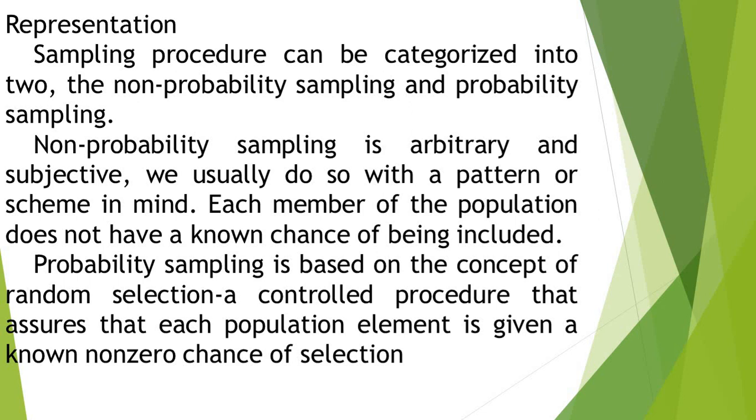Sometimes it depends on the nature of your study, but it is always encouraged to have probability sampling. Even when you use non-probability sampling, it is still valid because it will always serve the purpose of your study.